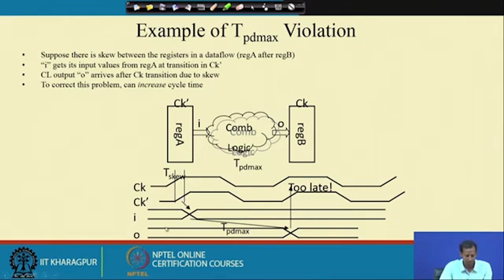So, if this I is the input to the combinatorial circuit, then because of this skew, suppose at this particular point whenever this clock is changing the data.